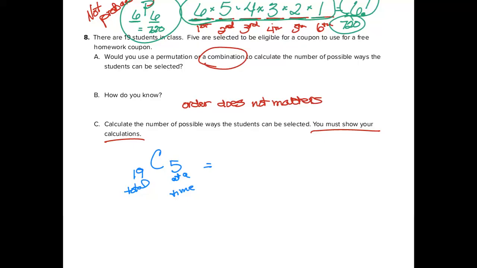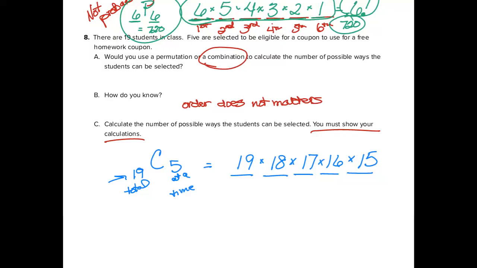I think in the time that we had for that day, I thought it was a lot. So you start with the number 19, just like as if it was a permutation, and you do 5 spots. Okay, so that's 19 times 18 times 17 times 16 times 15.